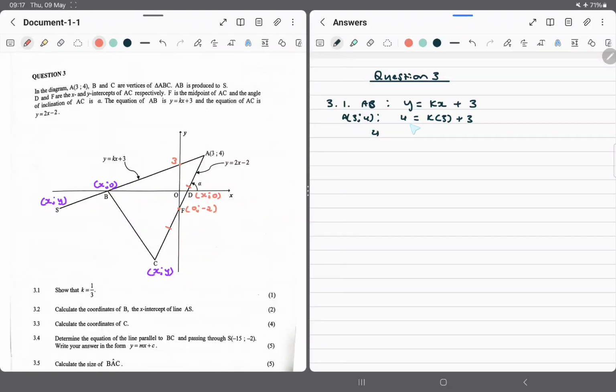This implies that 3k is equal to 1. Therefore, k is a third. Nice and easy. So here we are getting just 1 mark, perhaps for substituting that point, because the answer is already volunteered.